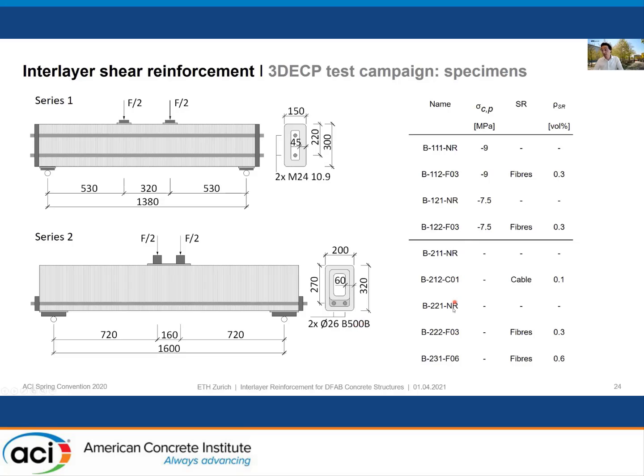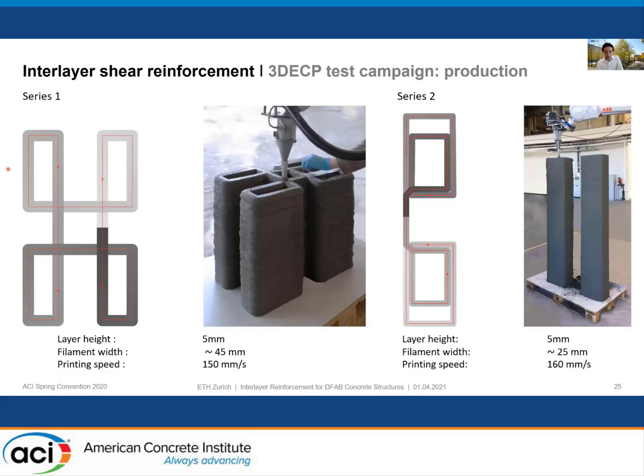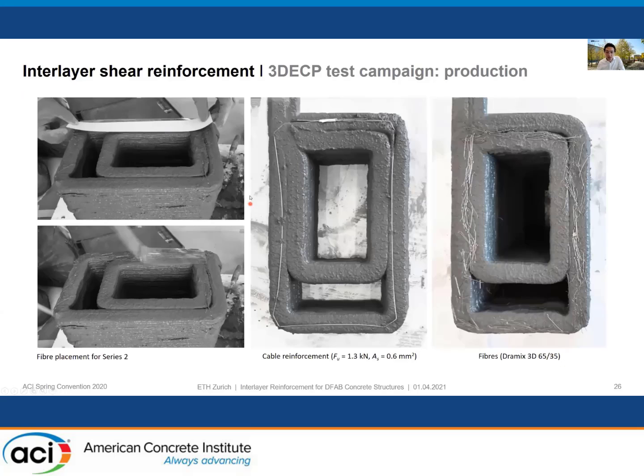Then we have 2 beams without any shear reinforcement, 2 beams with these aligned fibers of 0.3% and 0.6%, and 1 beam with this continuous cable of 0.1% amount. In the next slide, you see a bit of detail of the production. This is the print path of the different series.